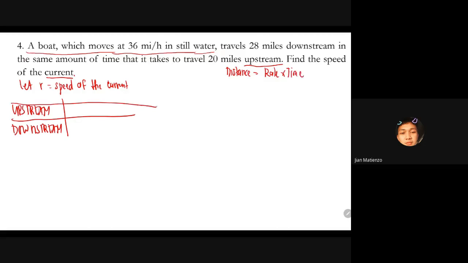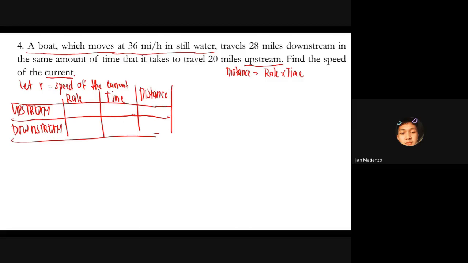So the distance here, the rate here, multiplied by the time is equal to the distance. Okay, so the rate is being asked in the problem kasi find the speed of the current.